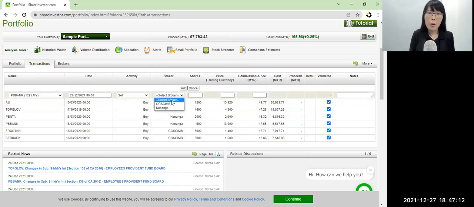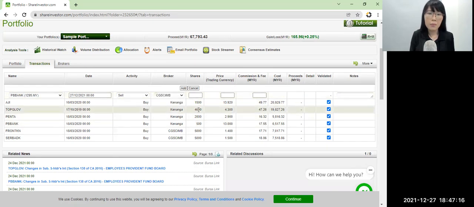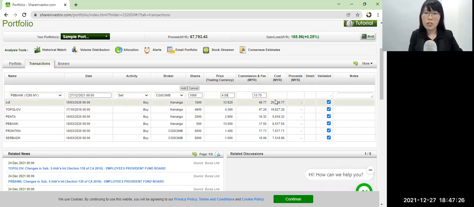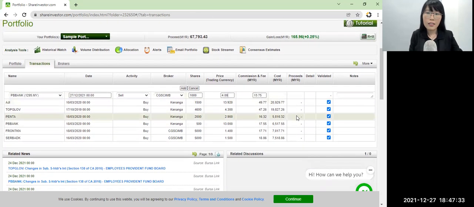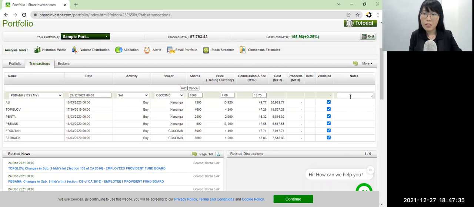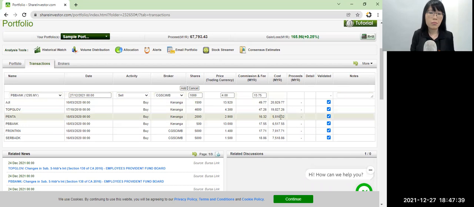Which broker? Maybe your broker is CIMB, so you put CIMB. How many shares do you sell? For example, 1,000. Price maybe at 4 ringgit. So you can type the commission and fees. You also can add some notes here.